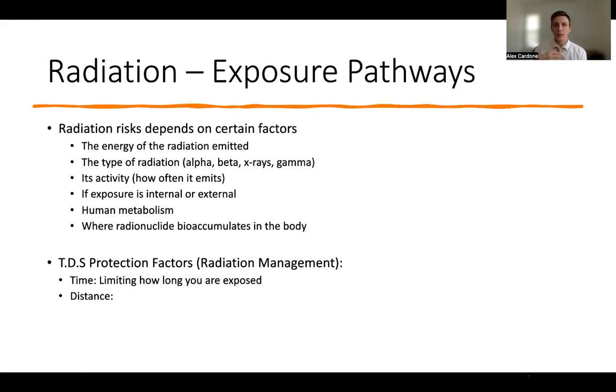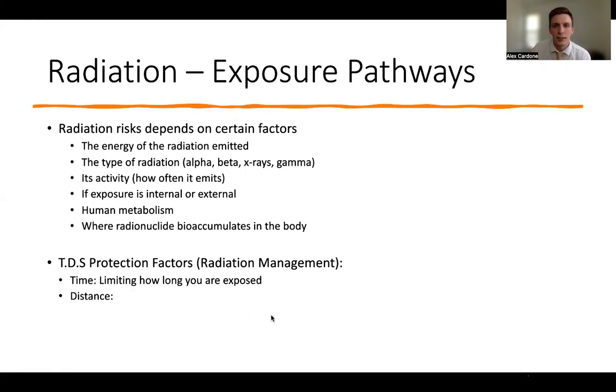If we're ingesting or being exposed to a lot of thorium-234, our body has a hard time getting rid of it, and that's why it's in the liver to process it. But if the liver can't process it fast enough and we're accumulating too much of it, then overexposure can happen. So that's where the TDS protection factors come into effect.